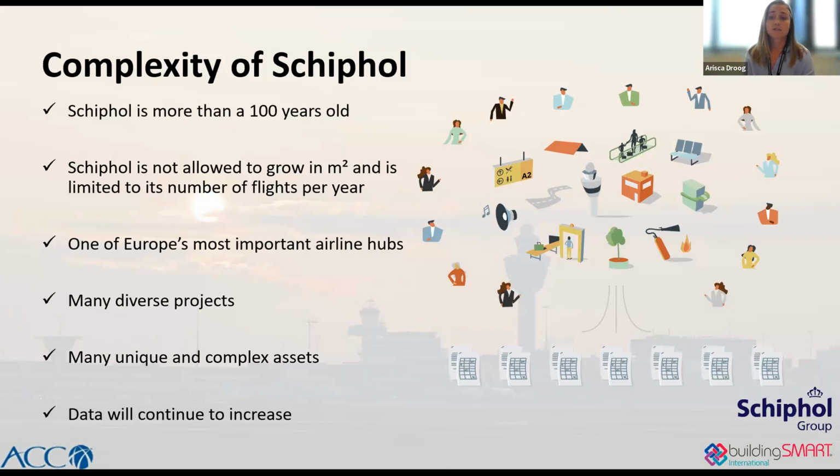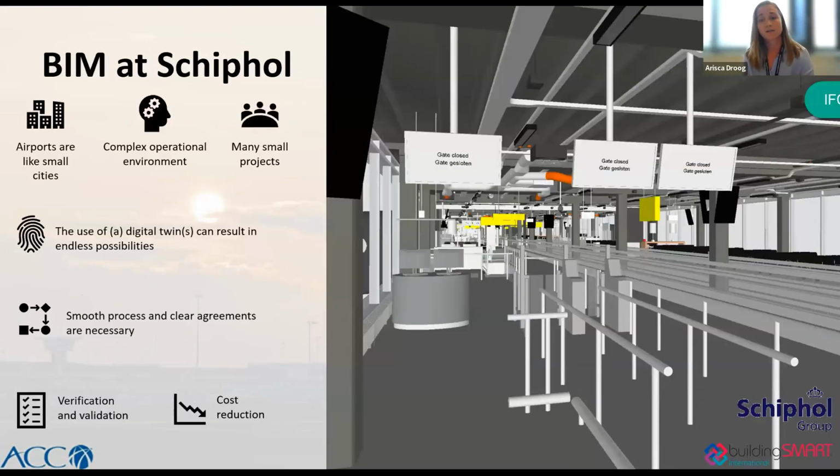We have building assets, terrain, utilities, and many more. Schiphol wants to know where all of its assets are located, what their status is, and to have a digital copy that is reliable and available at all times. As data will continue to increase, it was necessary for Schiphol to look into a digital transformation where we are focused on a data-driven approach to asset management.